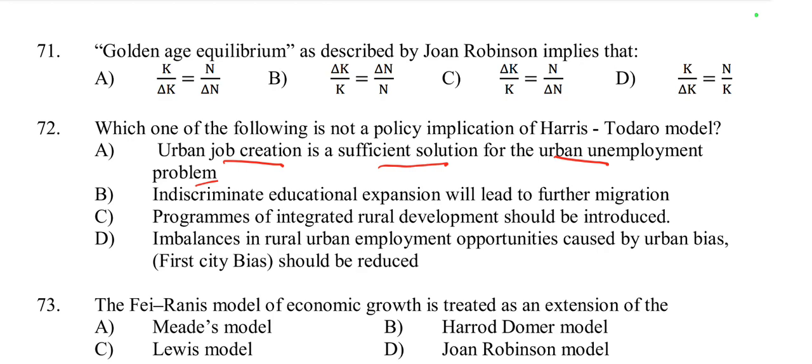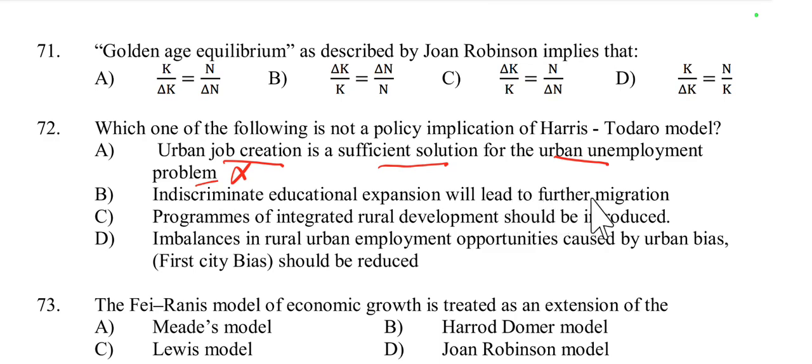When urban income rises, people from rural areas come to urban areas, so it creates urban migration, leading to continued urban unemployment. So this is not the solution for urban unemployment. So one is incorrect.